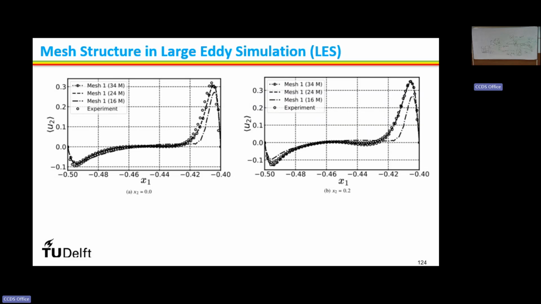While when we increase the mesh count to 24 and 34 million, we found they are producing accurate results. So if I do it in RANS, maybe I need 2 million mesh for the geometry. If I am doing LES, 16 million mesh is not sufficient.